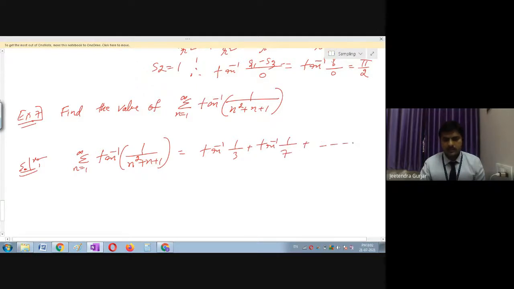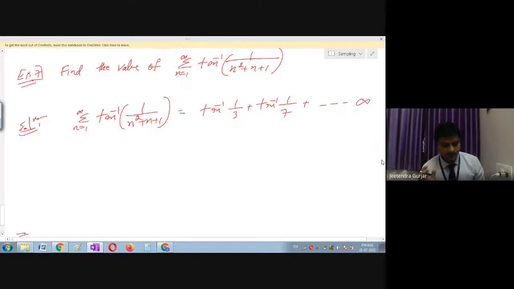Easily you will get this till infinity. But here you see, whenever such type of examples come, see that you modify this equation in such a way that it should come in the form tan inverse x minus y upon 1 plus xy. Means I have to make this tan inverse in the form x minus y divided by 1 plus xy. So always keep this in mind, friends.